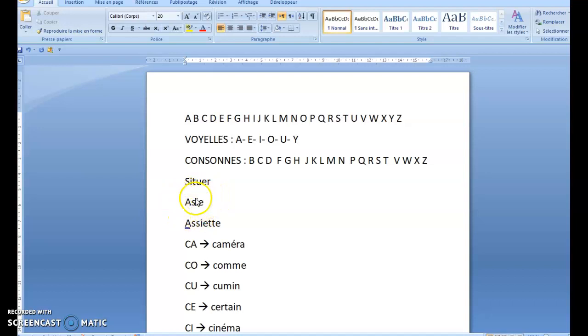But in the middle, if the S is between two vowels and it's one S, you have to pronounce it like Z. For example, Asie. If you have S between two vowels and it's doubled, in that case you pronounce it S. Assiette.